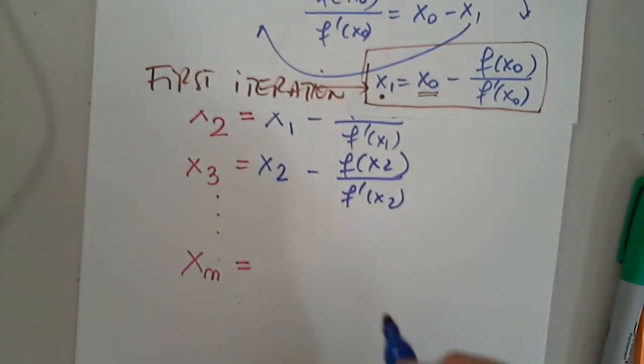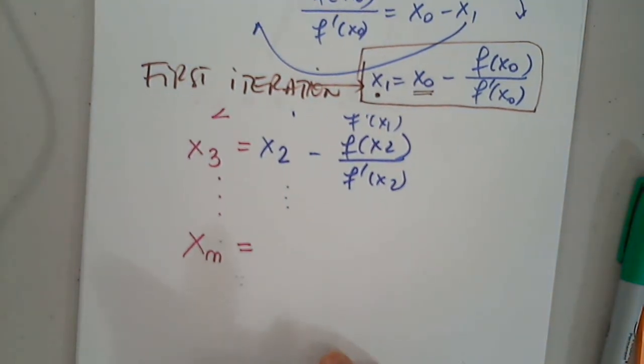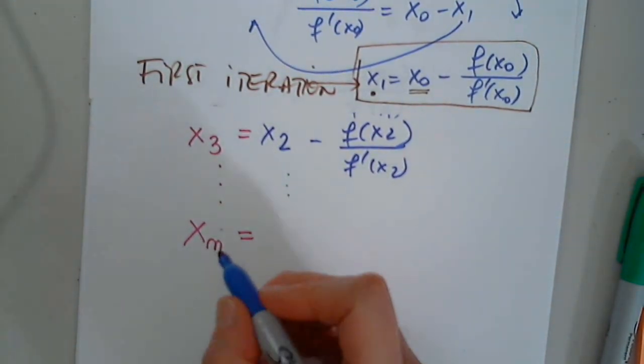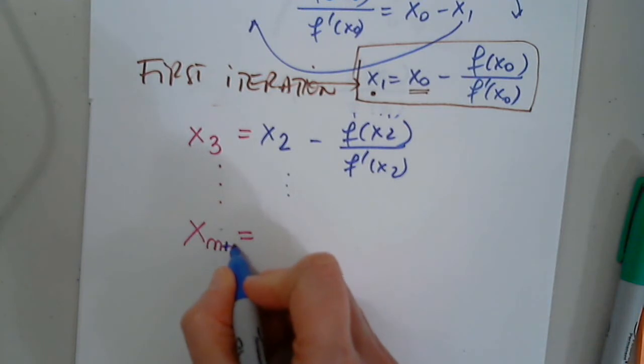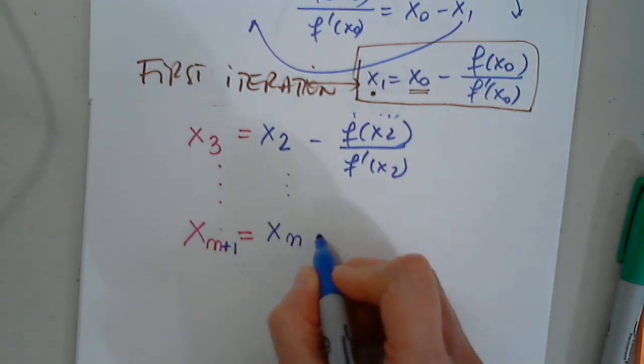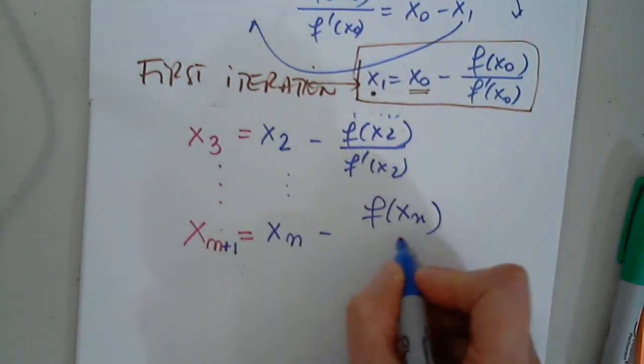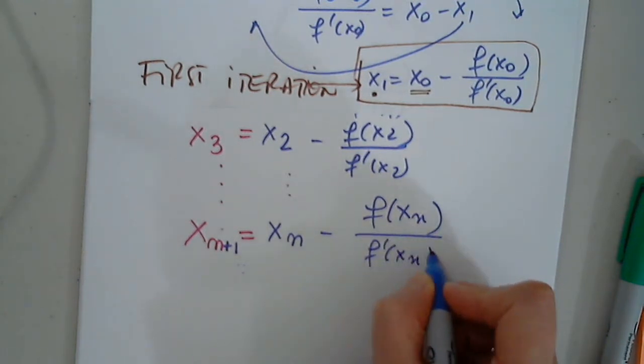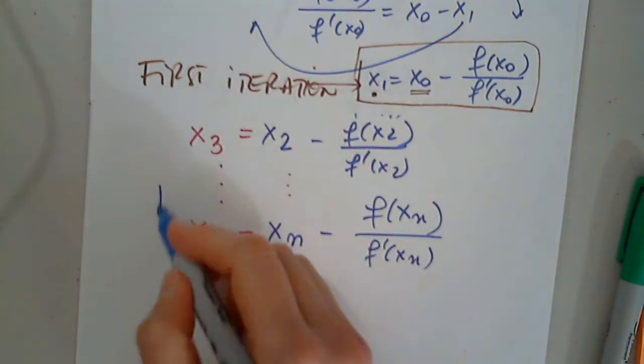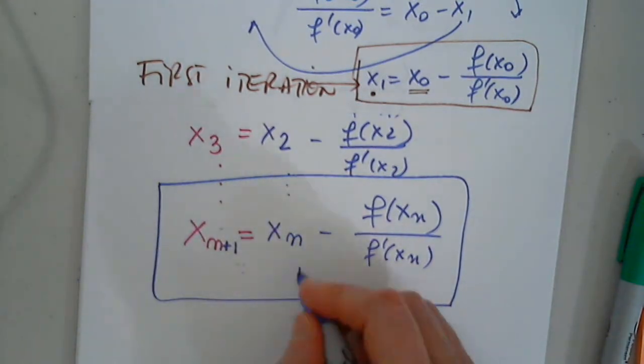Awesome. Of course, the last one, normally denoted by n plus 1, will be xn minus f of xn over f prime of xn. This is Newton's method.